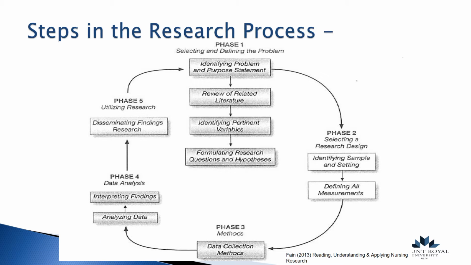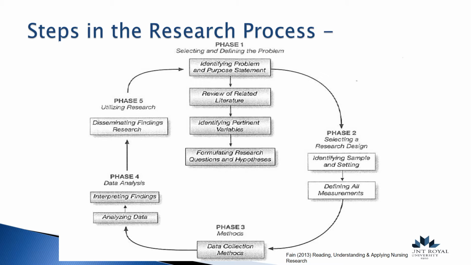It's from Thane in 2013 from a textbook called Reading, Understanding, and Applying Nursing Research. So Thane breaks the process down into 5 phases or 5 major steps, and you might see some research process models that have more steps or fewer steps, but basically they all contain the same thing.